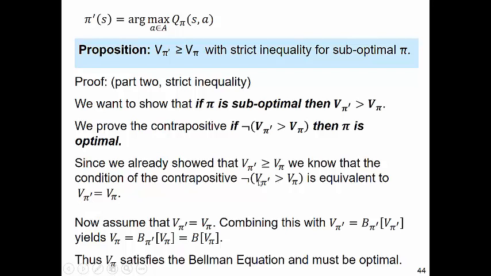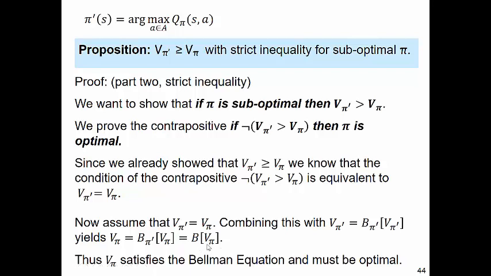We're saying it's not strictly greater than, and so you have this equality here. Now we can assume this, and if we combine a few things, we end up with v pi equals the Bellman backup operator applied to v pi.